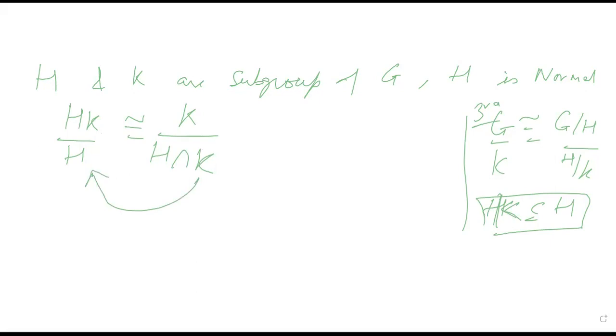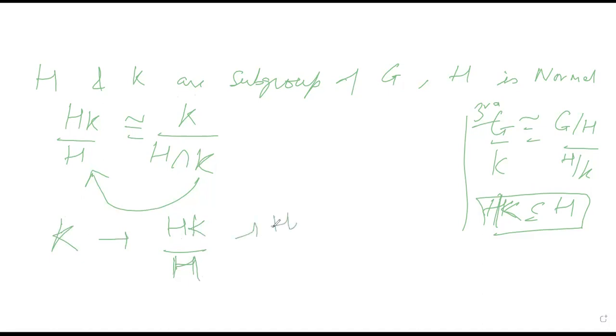We don't find the relation with the quotient group. We just use the numerator. That is, K should be functionally related to HK by H.